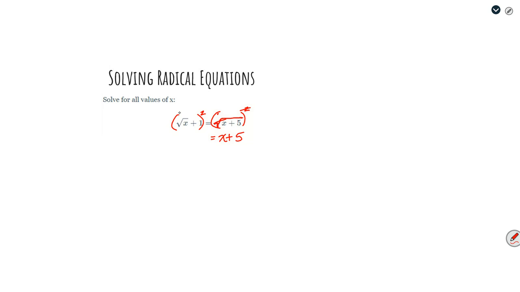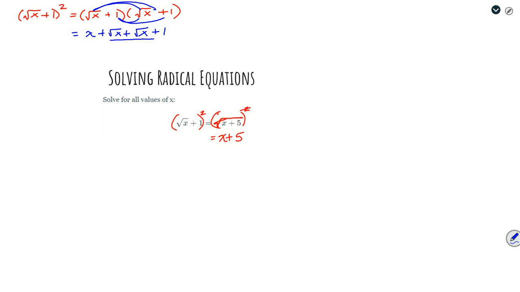So that means I need to multiply that out. The square root of x plus 1, squared, means I need to multiply the square root of x plus 1 times the square root of x plus 1. I've got to multiply all of that out. So the square root of x times the square root of x is x. The square root of x times 1 is plus the square root of x. 1 times the square root of x plus another square root of x, and 1 times 1 is plus 1.